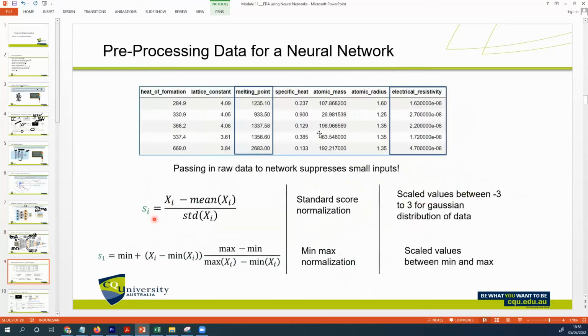All right, let's start on the process for neural network. As usual, I'm using the data from the materials. The data varies, some data is high, some data is low.